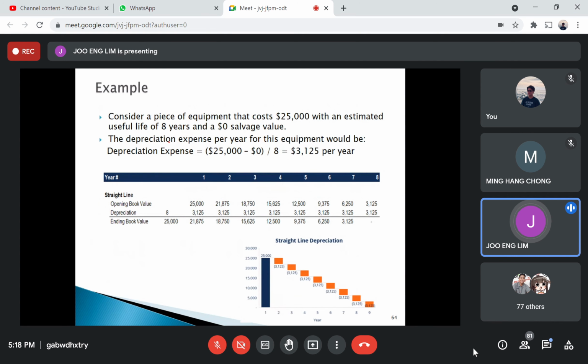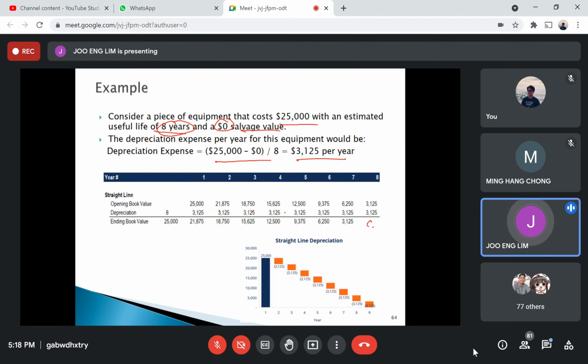Okay, so let's look at one more simple example. Later I'll link it to when you use it. Another example first. Consider a piece of equipment that costs 25K with an estimated life of 8 years and zero salvage value. So this machine has no salvage value at all, and the depreciation will be like that. So again, this is the same.